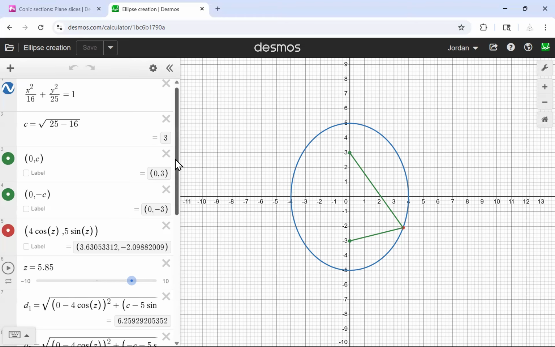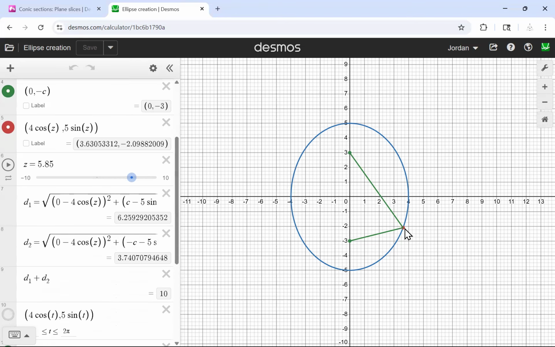Now I've put a point on this ellipse, and I've done it in such a way that I can move this point around the ellipse. If you take the distance from this point to the first focus, it's about 6.26. If you take the distance from that point to the other focus, it's about 3.74. And obviously, as we move the point around, those two individual distances are going to change.